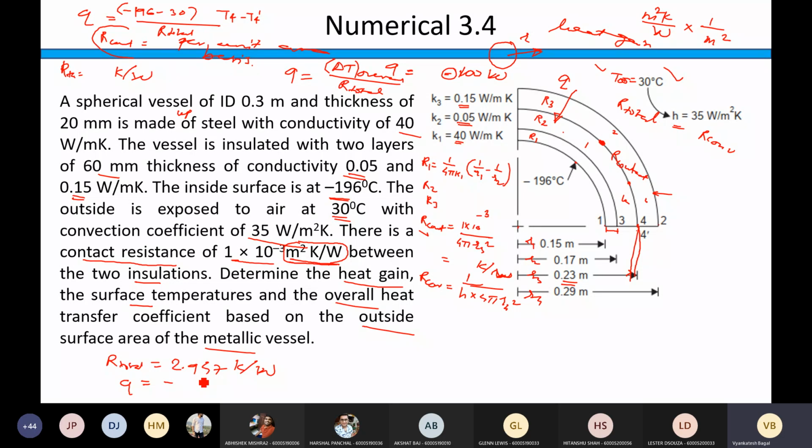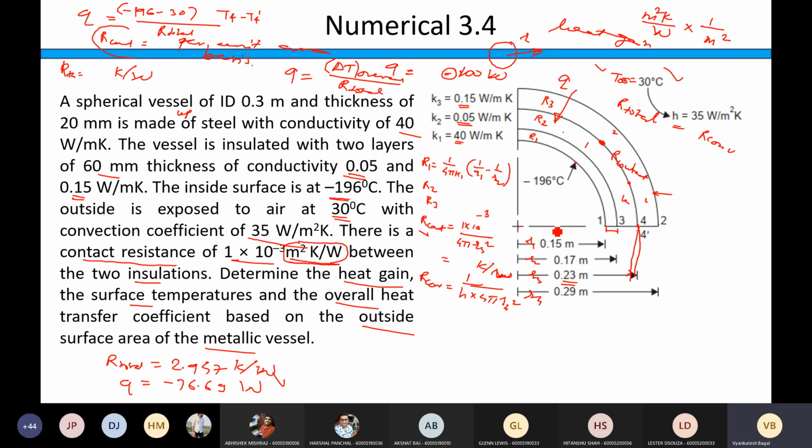See, it is minus 326 divided by this number 2.947. Minus 76.69 watt, right? Okay. So once you know Q, then you know how to find out the interface temperatures, correct?